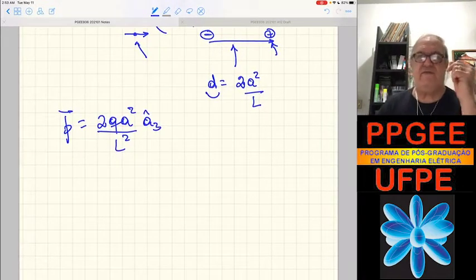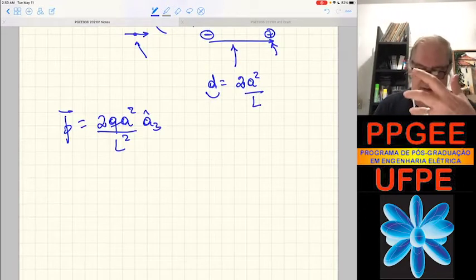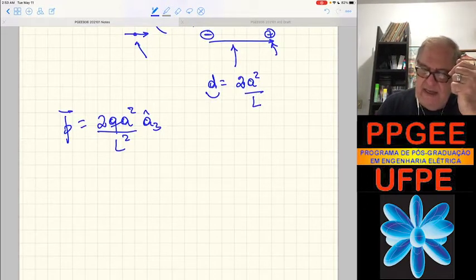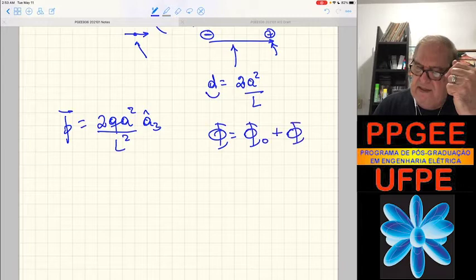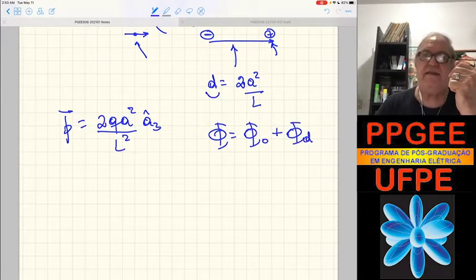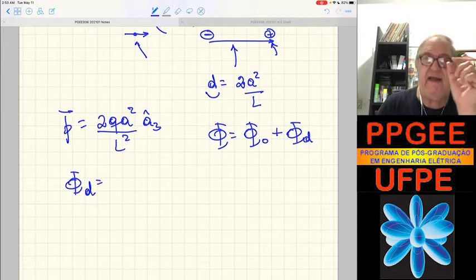So the potential of this dipole, which is the result of the presence of the sphere, is given by the following. The total potential is the potential due to the uniform field plus the potential of the dipole, phi d. We did the potential of the dipole before.